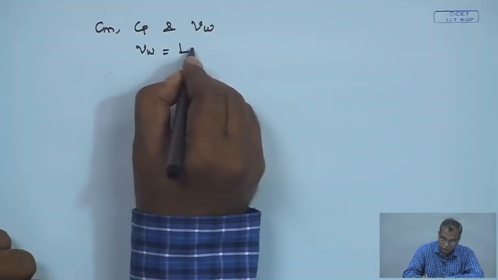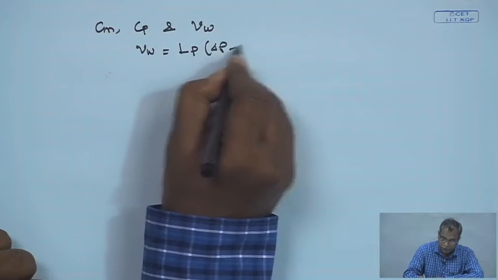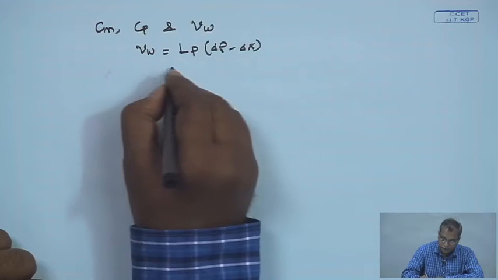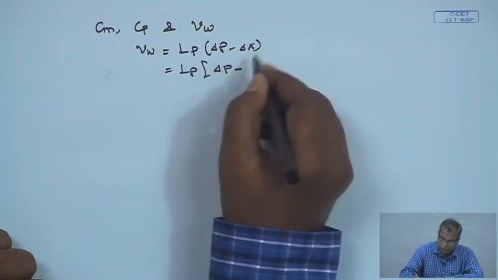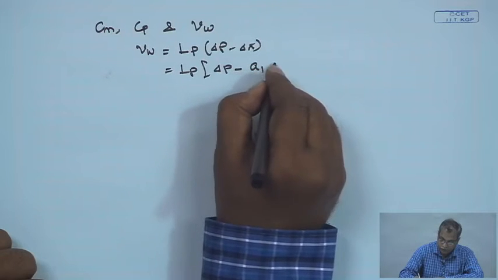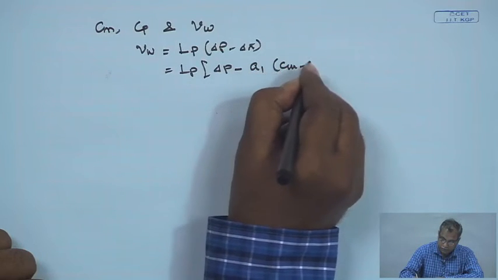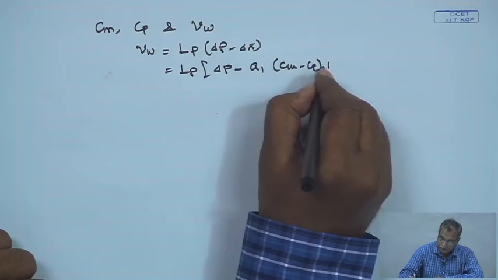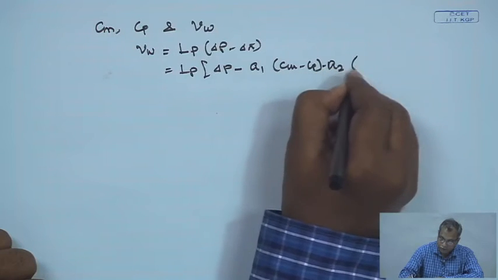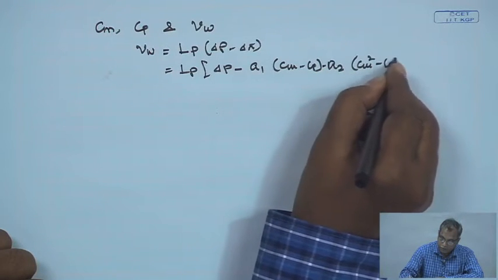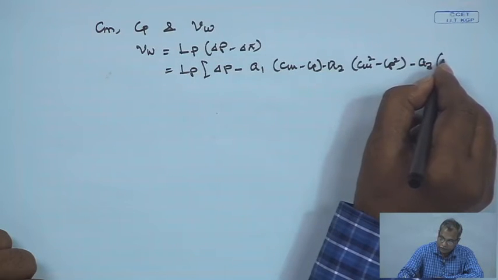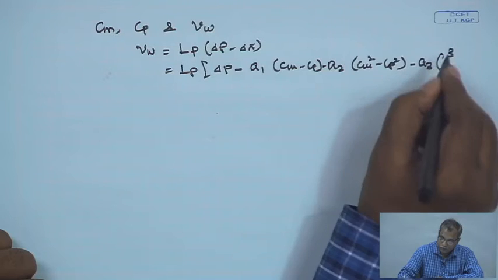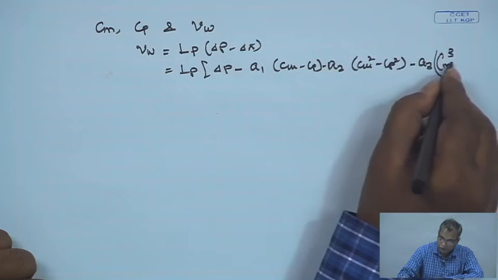Vw is equal to Lp (delta P minus delta pi), which will be essentially Lp (delta P minus A1 (Cm minus Cp) minus A2 (Cm square minus Cp square) minus A3 (Cm cube minus Cp cube)).